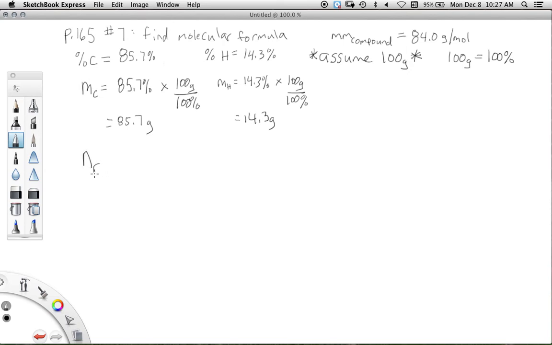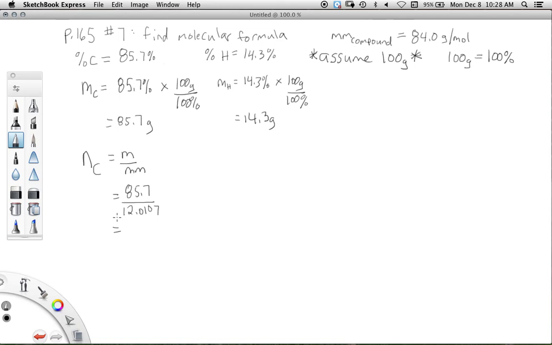When in doubt, find the number of moles, which is always the mass divided by the molar mass, which is 85.7 divided by 12.01. Yours is 12.0107. Mine's 12.011. So we'll use your number. 12.0107 grams per mole. And I gotta type that in my calculator.